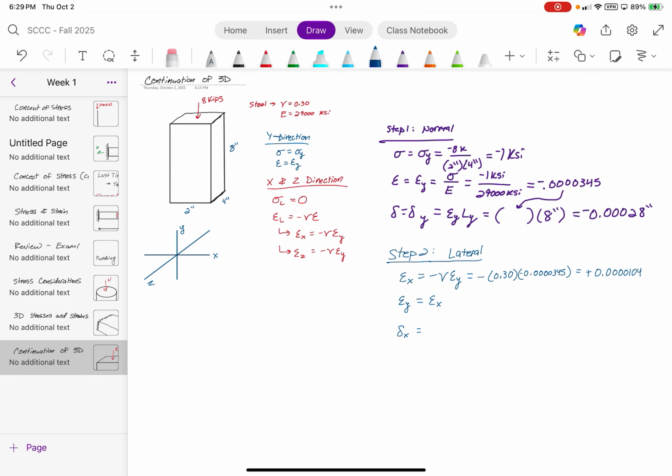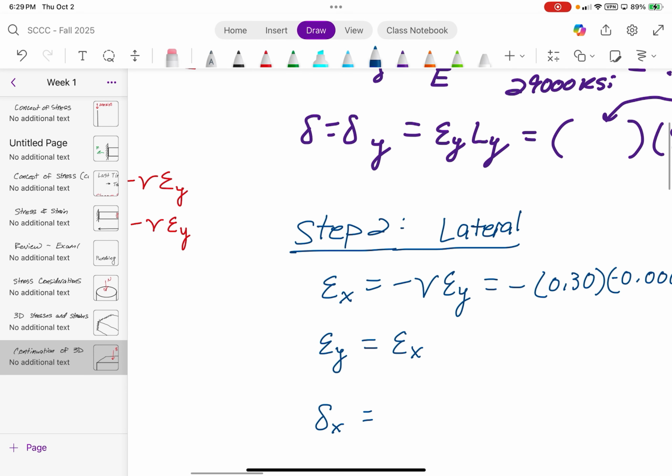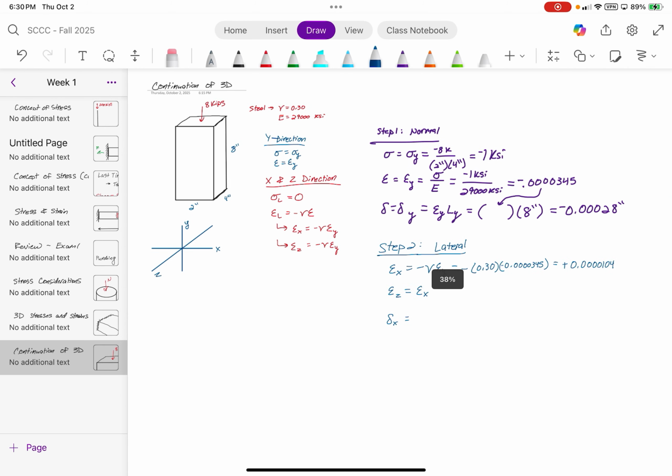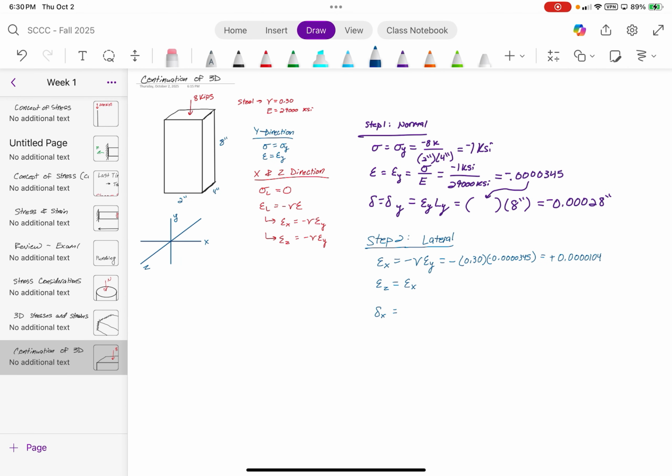Why is it not z equals x? You're right. That's a typo. I'm just so used to working in a two-dimensional plane where it's only x and y. What about the deformation in the x direction? What is the equation we can use to find that?